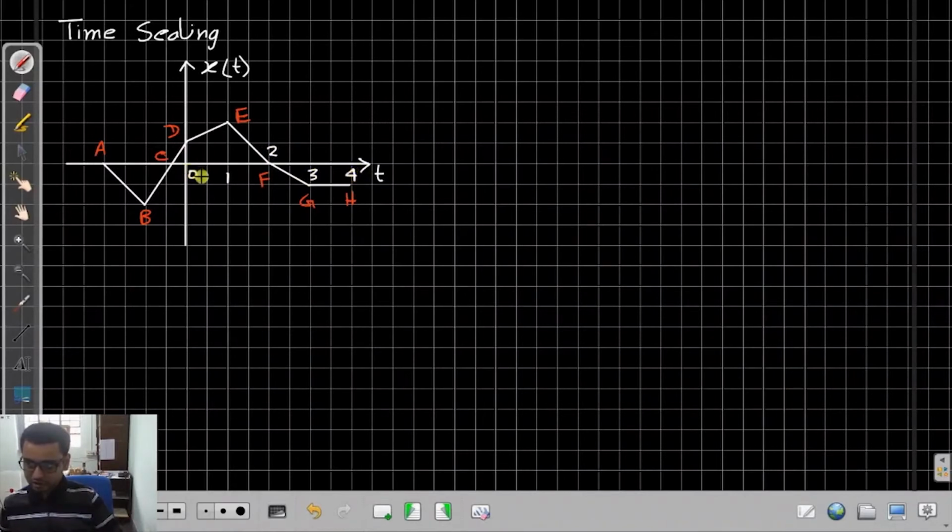This is the origin, time equal to 0, here minus 1, and here minus 2.